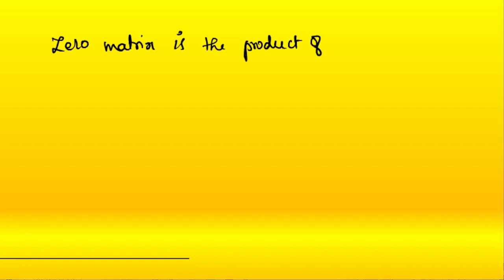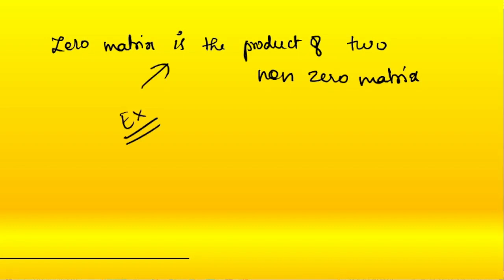So zero matrix is the product of two non-zero matrices. For this, when I make the examples video, at that time we can look at this zero matrix, so that it will be easy for us.